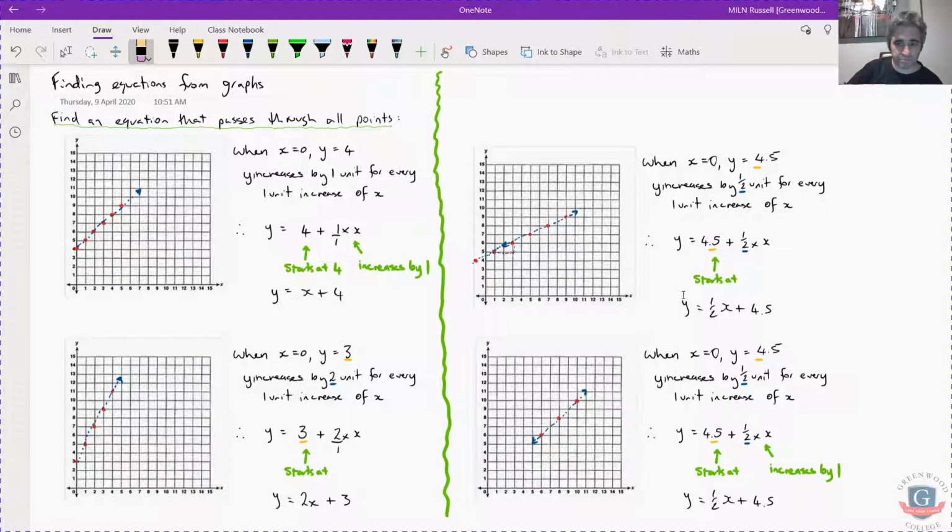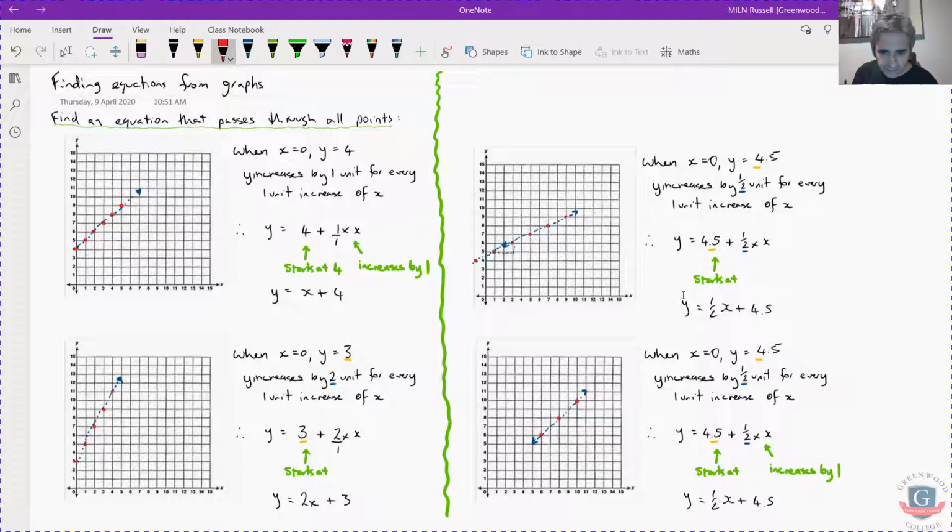This one's a bit harder. Now this time, in the question they've told us, at x equals 0, y equals 4.5. So they've given us this part, so we don't have to work backwards to try and figure out where it is. And y increases by half a unit for every 1 unit increase of x.